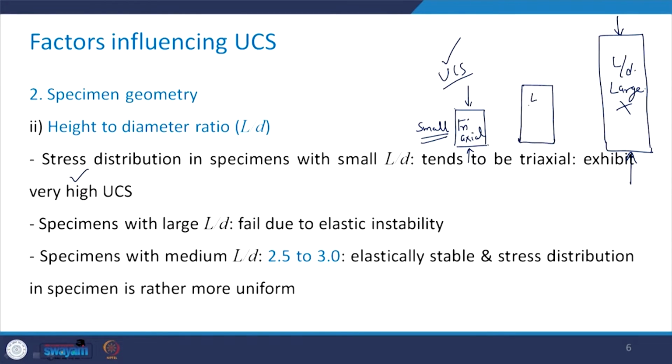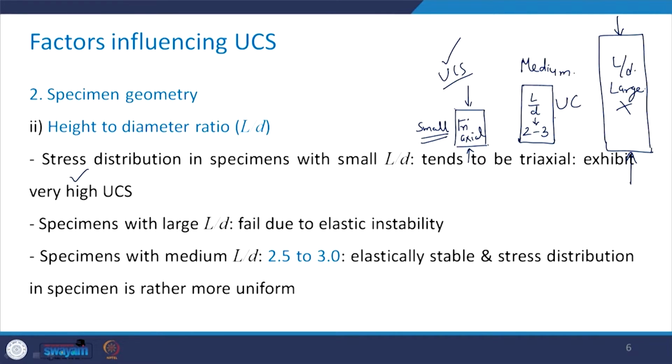where this L by D is 2 to 3. This is what is your medium. In this case, if you can reduce the friction, then more or less you will have the uniaxial compressive state of stress, and there will not be any instability because of the elasticity.